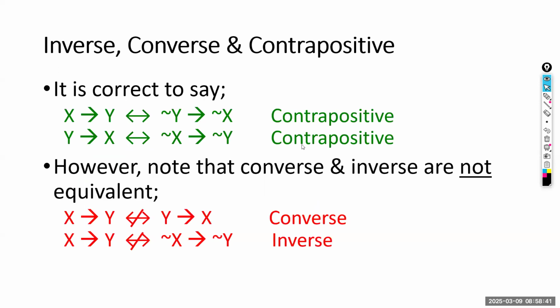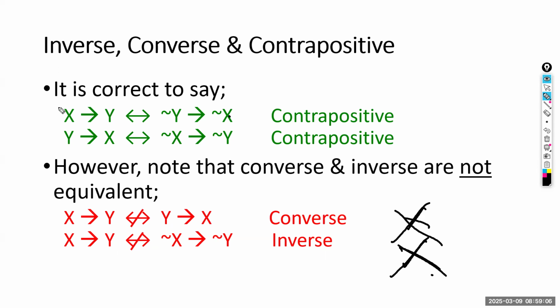Right. So therefore, contrapositive is correct, but not the converse or inverse. When x implies y, not y implies not x. That is fine. But it doesn't mean that x implies y means y implies x. No. X implies y means not x implies not y? No. There's no such thing.